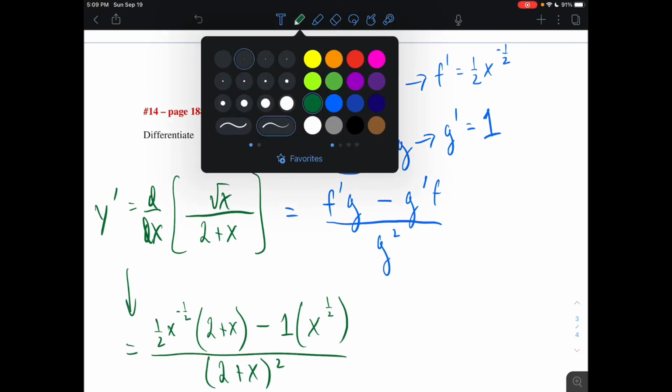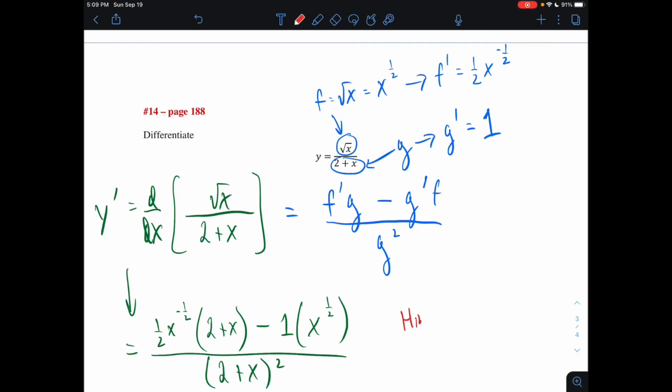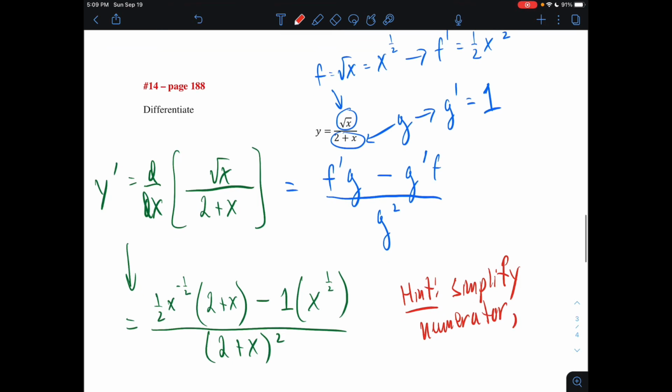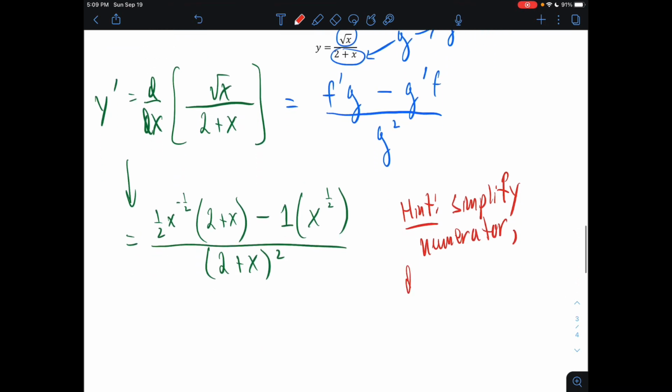Now a hint with the quotient rule. Simplify the numerator. And also, don't multiply out the denominator. Leave it factored like it is.